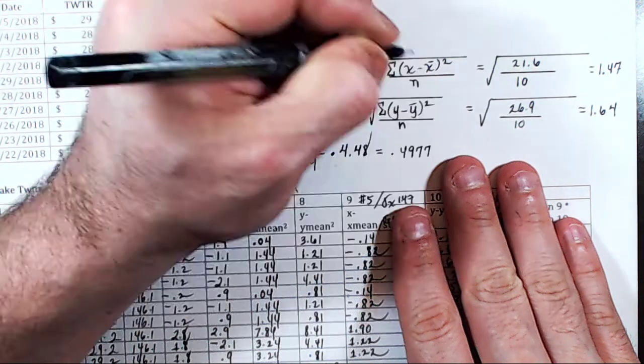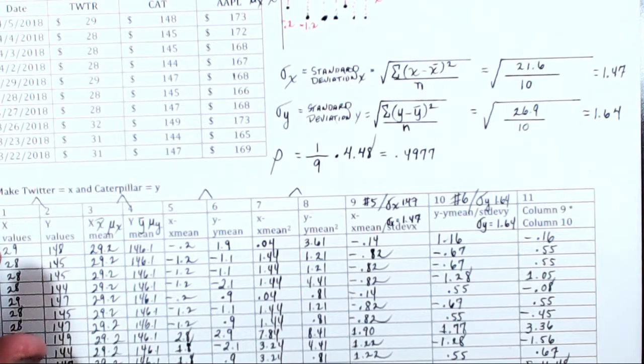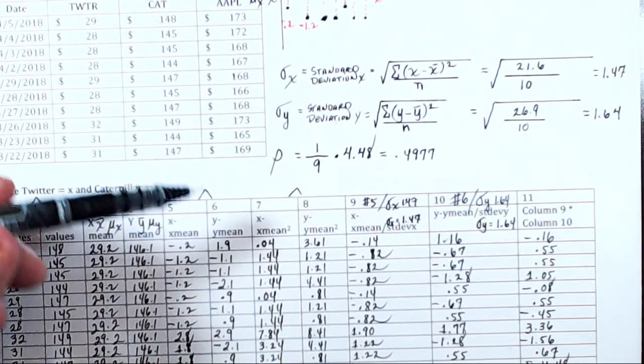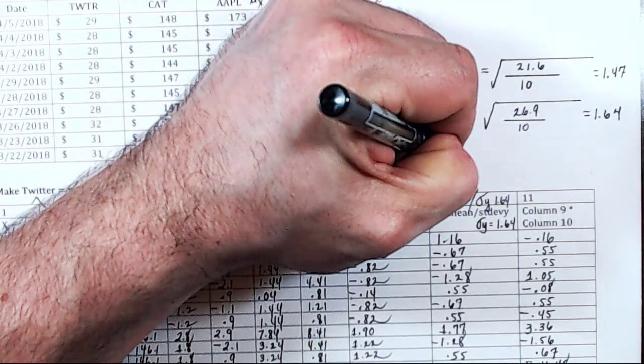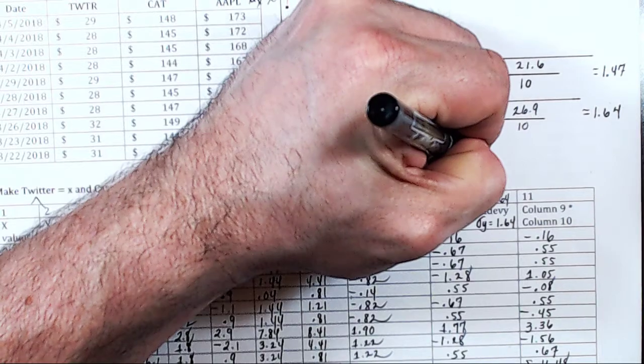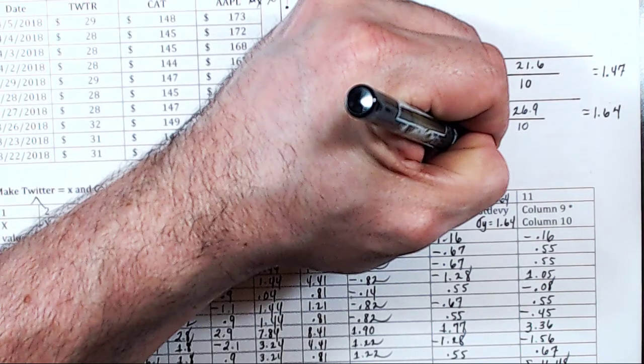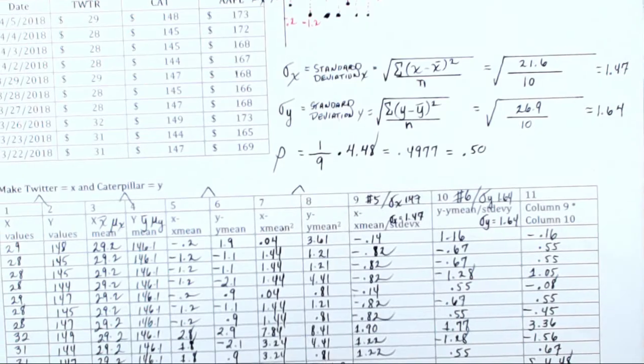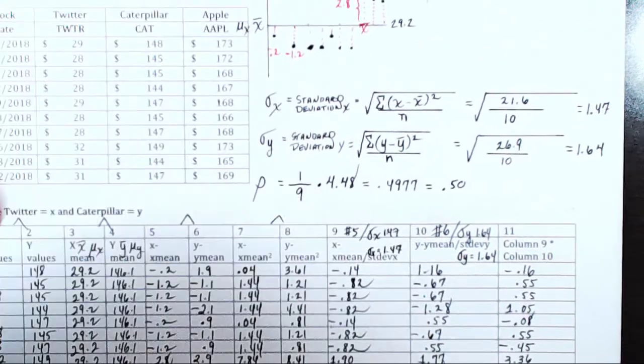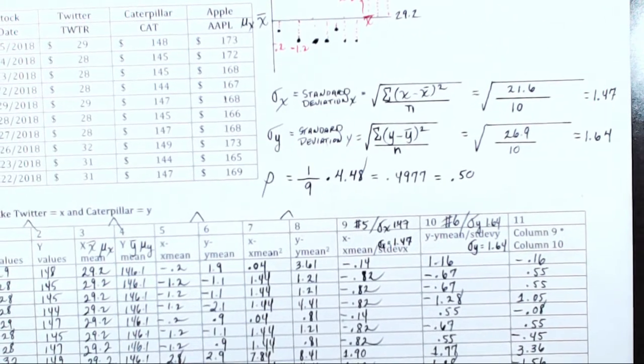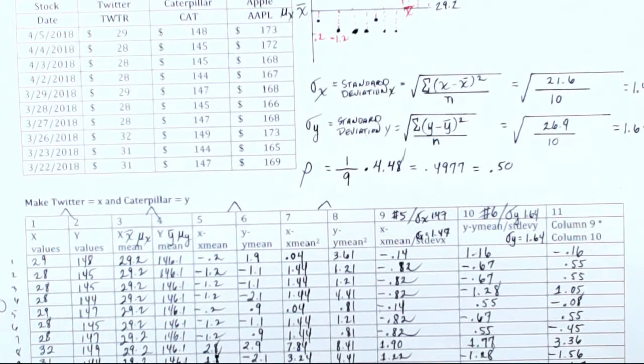Well, if we go to 3 significant digits, you'll get 0.50.